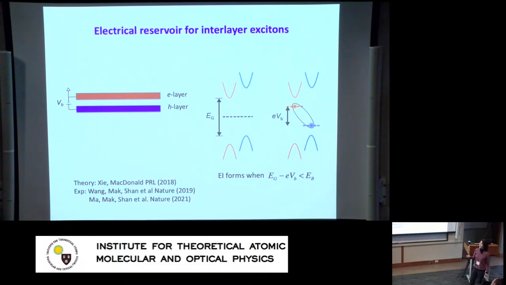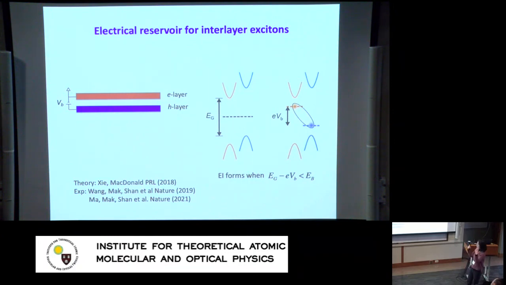If you can find a pair of semiconductors that form type 2 band alignment, like what I'm showing here, then you can apply bias voltage between those two layers, and what this bias voltage does is to split the chemical potential, Fermi level, for electron and hole into two. And this separation can be continuously tuned by that bias voltage.